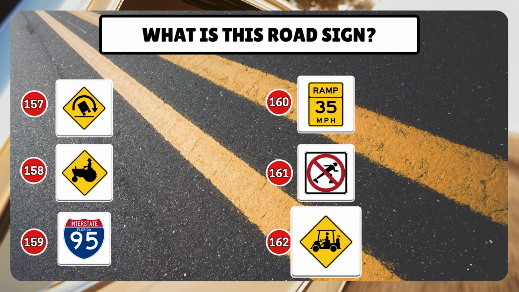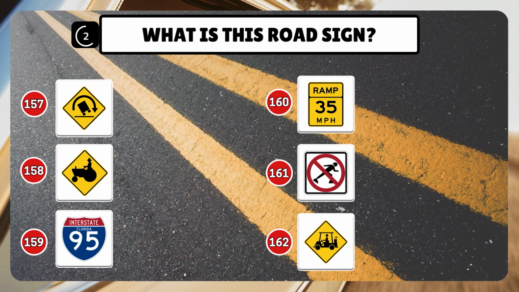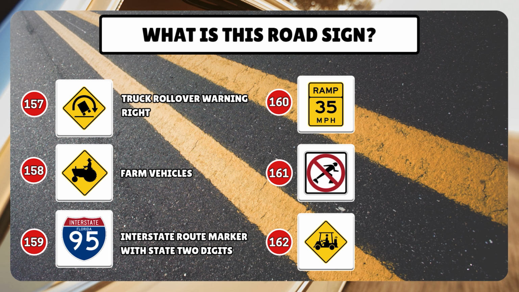Which traffic sign do you see? That is a truck rollover warning right sign. That is a farm vehicles sign. That is an interstate route marker with state 2-digit sign.